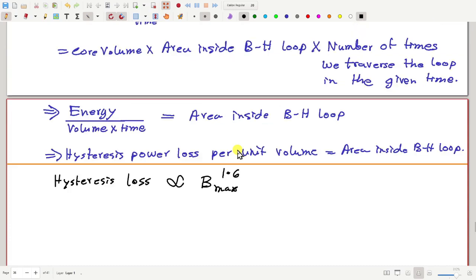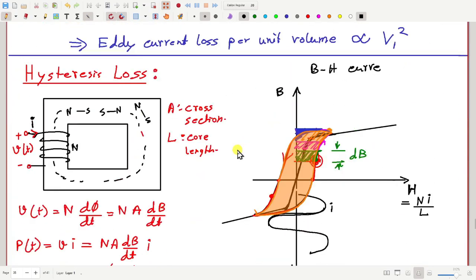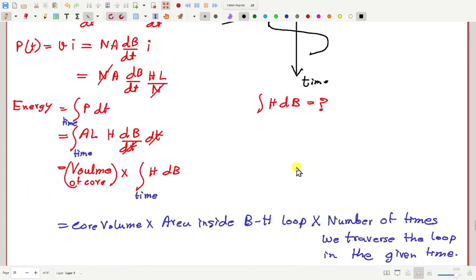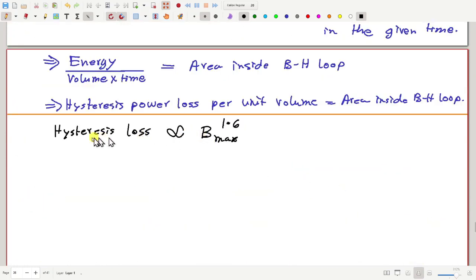Okay, so what is B max? B max is basically this maximum flux density. Okay, so the larger this B max is, the more the hysteresis loss will be.